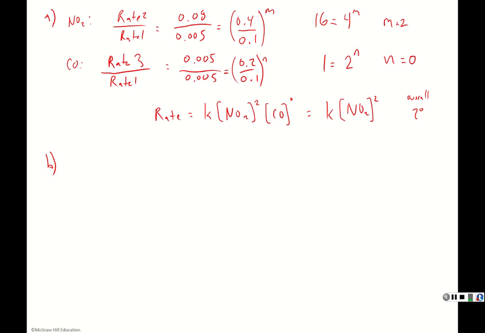Okay, so the rate for experiment 1 was 0.005 moles per liter per second. We know that equals K times the NO2 concentration, which was 0.1 moles per liter, squared. So we can solve for K.